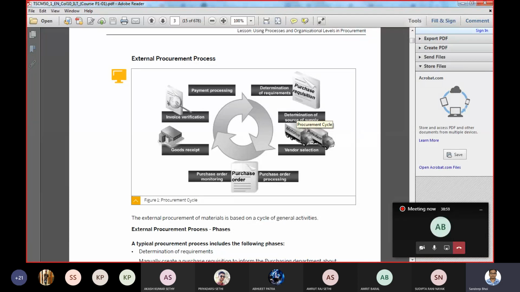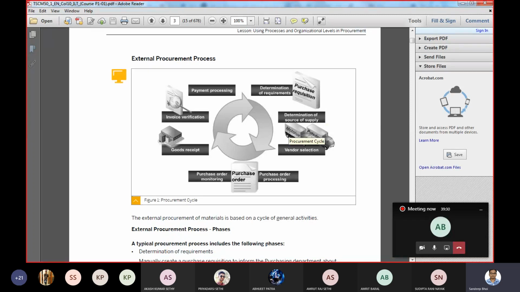The company will think, from where will we get that 100 ton of composite material? So they will try to search for a vendor. That is called determination of source of supply. You can find out those vendors.